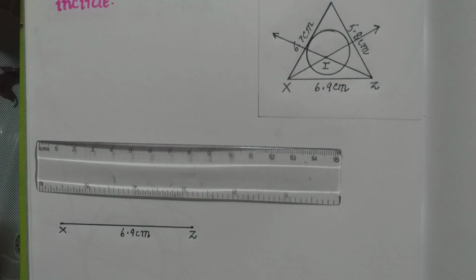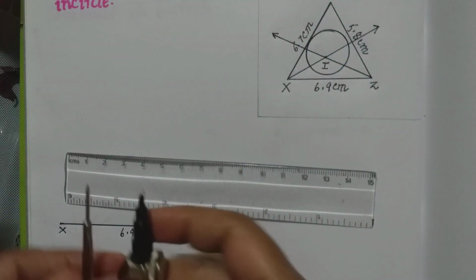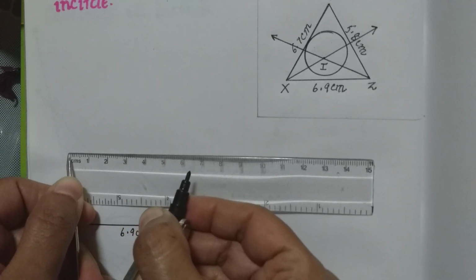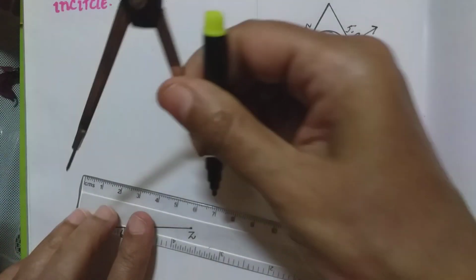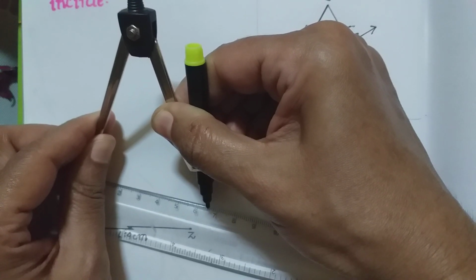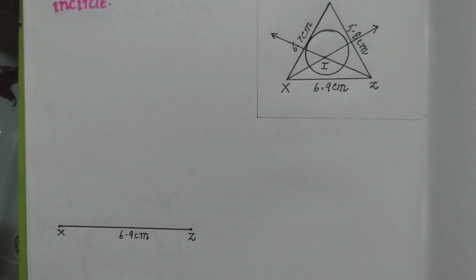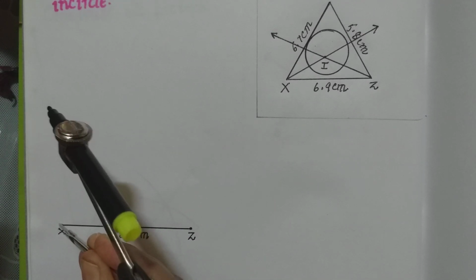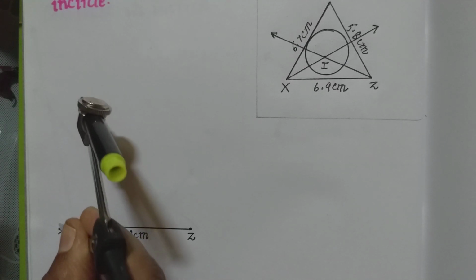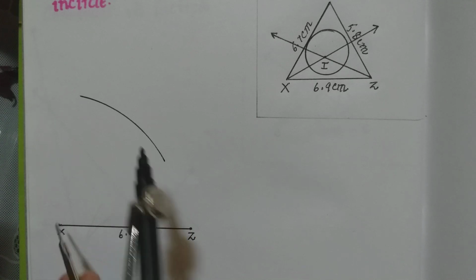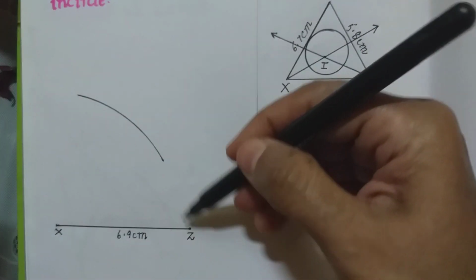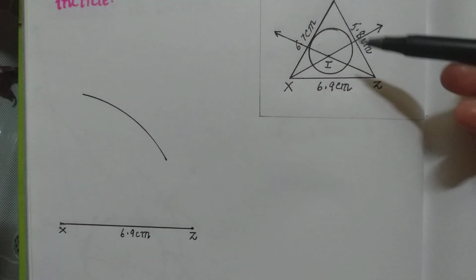So I take my rounder of the compass and measure 6.7 centimeter. And with X as center, I draw an arc. Once this arc is drawn, now I see that this distance ZY is 5.8 centimeters.